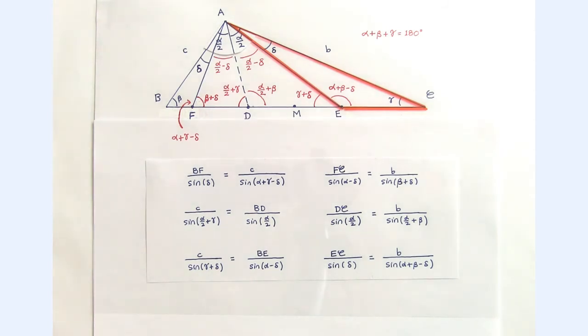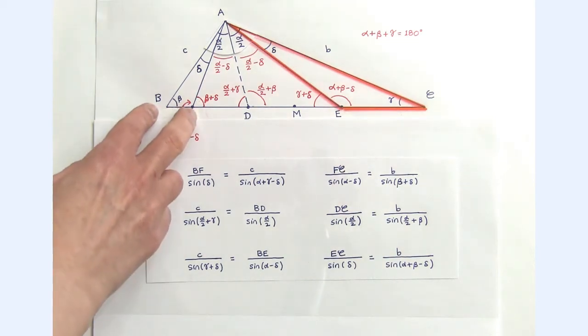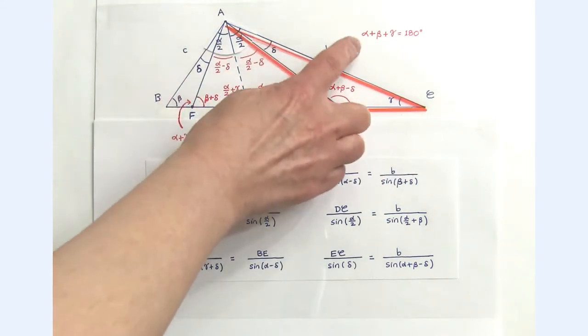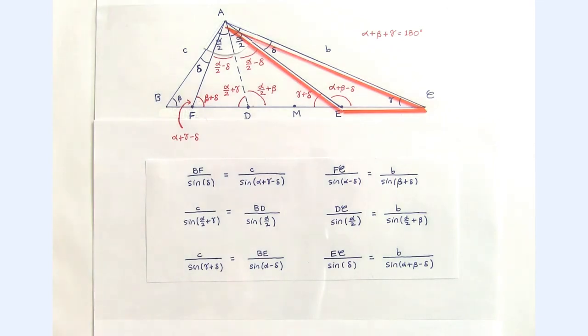And now I have all the ingredients I need to prove that the ratio BF over FC is C cubed over B cubed, and I accomplish that with the following steps.